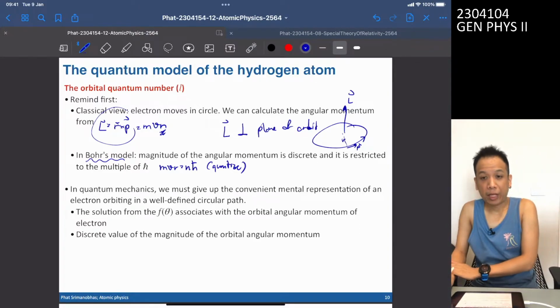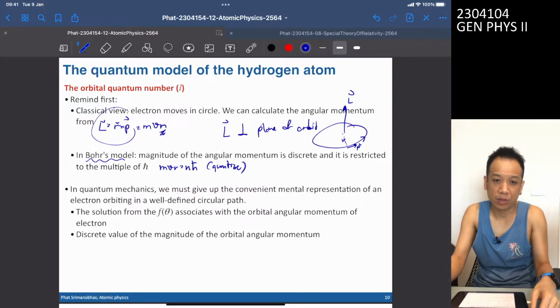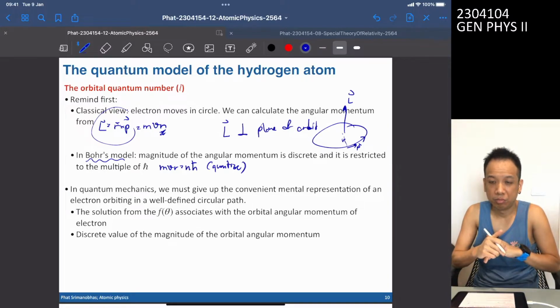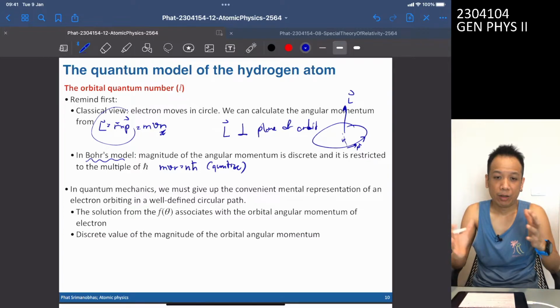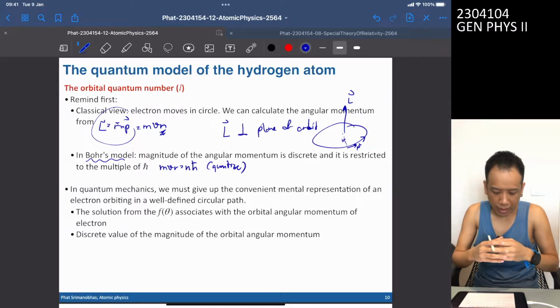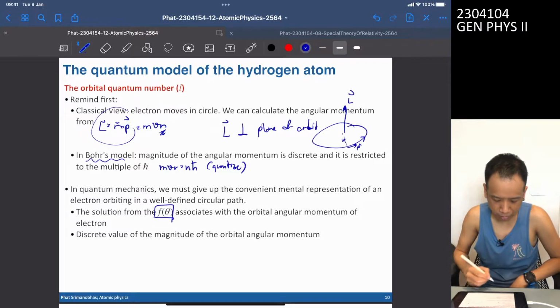So in quantum mechanics, we give up the representation of the electron orbits as well-defined circular paths. It's not well-defined, we don't really know that, but the concept of angular momentum is still there. This comes from the solution when we try to solve for the theta part.